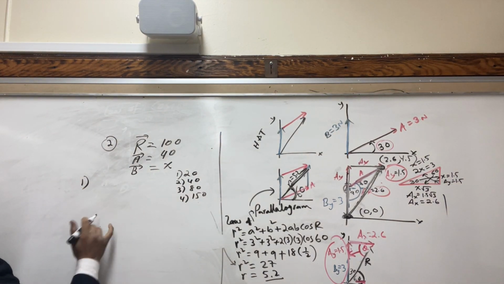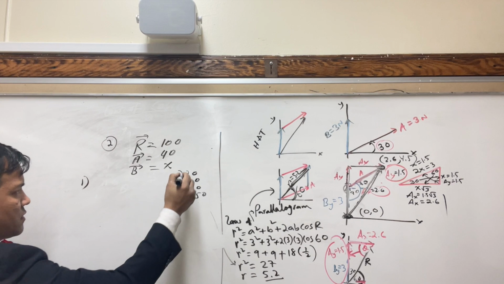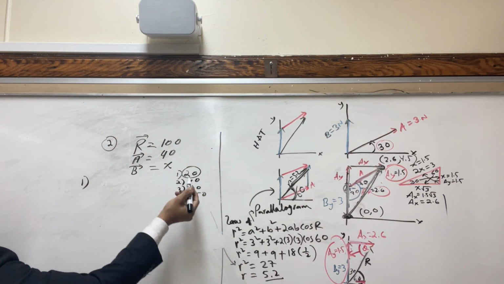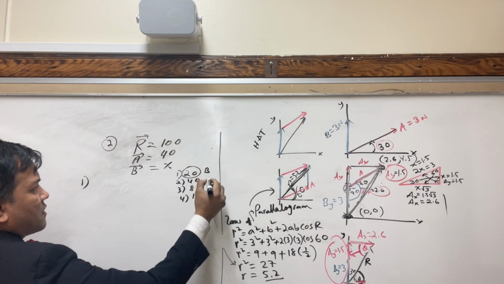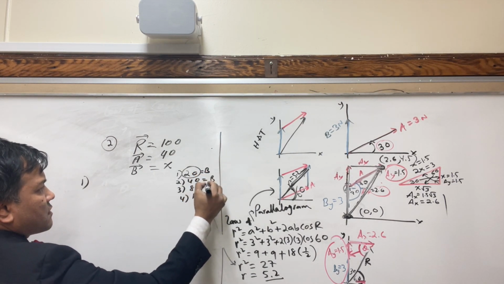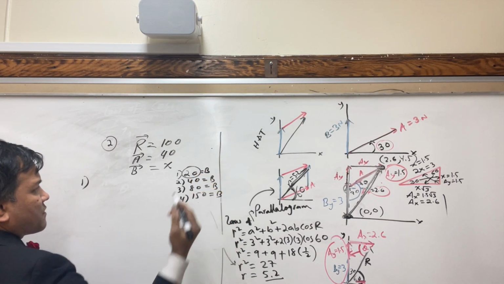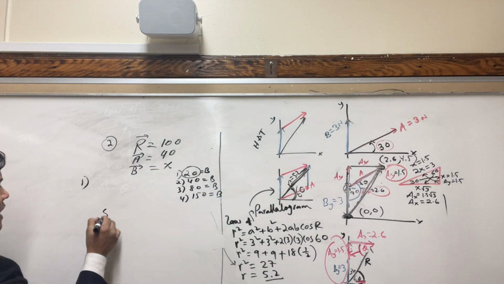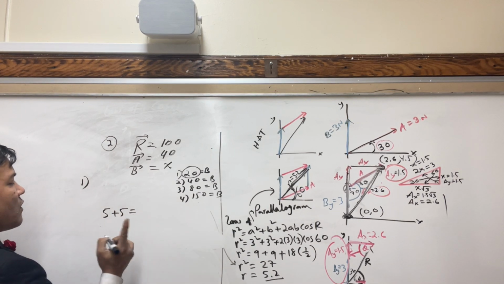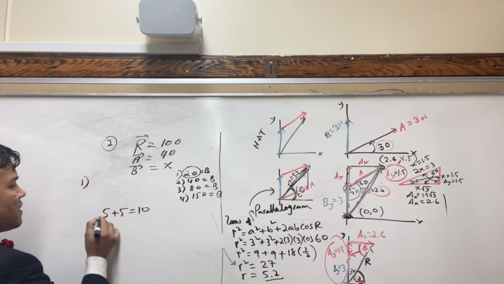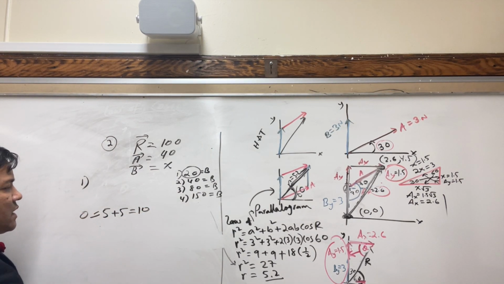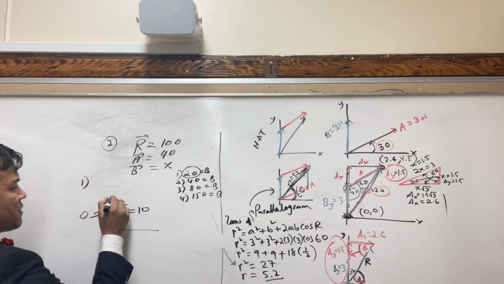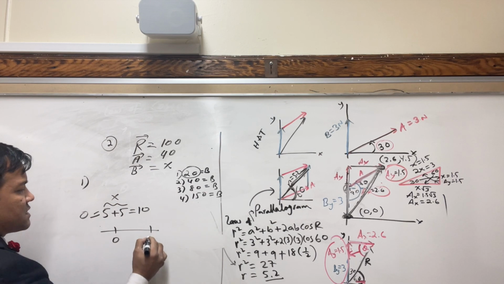So here's what you're going to do. Scenario 1, you're going to try 20. Which one could be b? You want to test it. Remember, 5 plus 5 can give you two things: 10 or 0. Then you write 0 and 10.